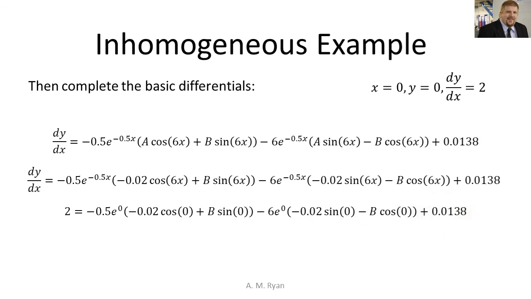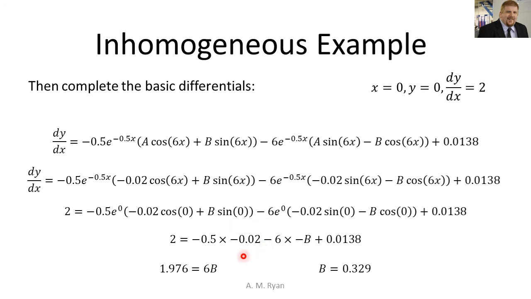So if we go through all of that, cancelling where we can, we get minus 0.5 times minus 0.02, minus 6 times minus b, plus 0.0138. So we get that 1.976 is 6b.